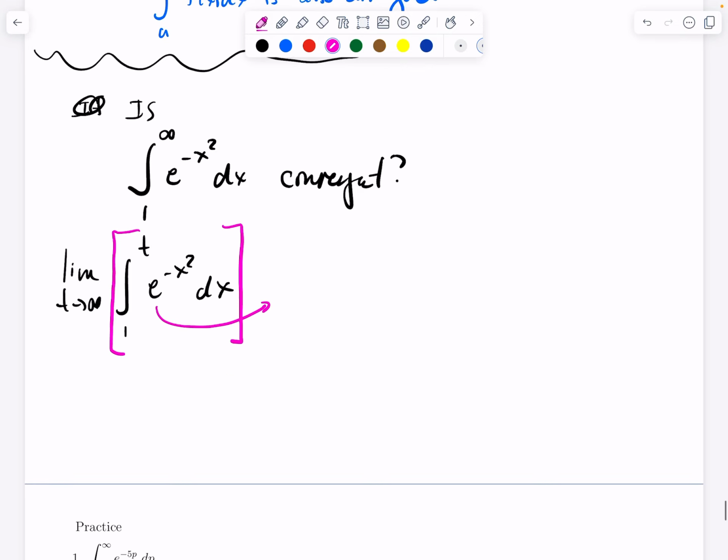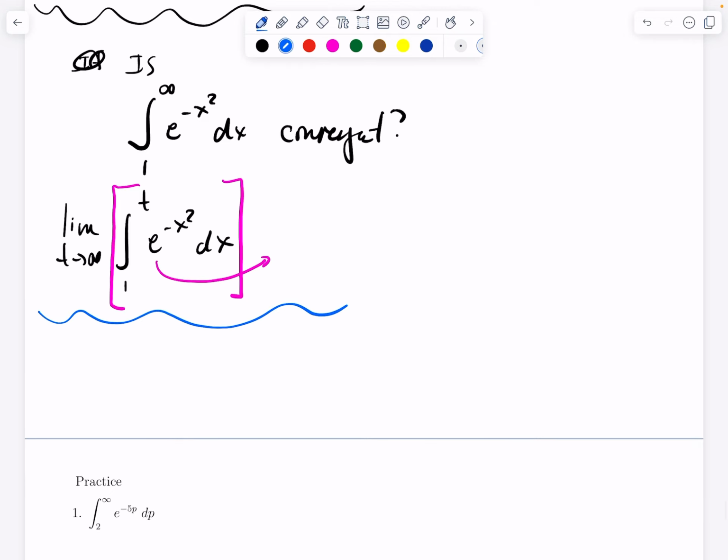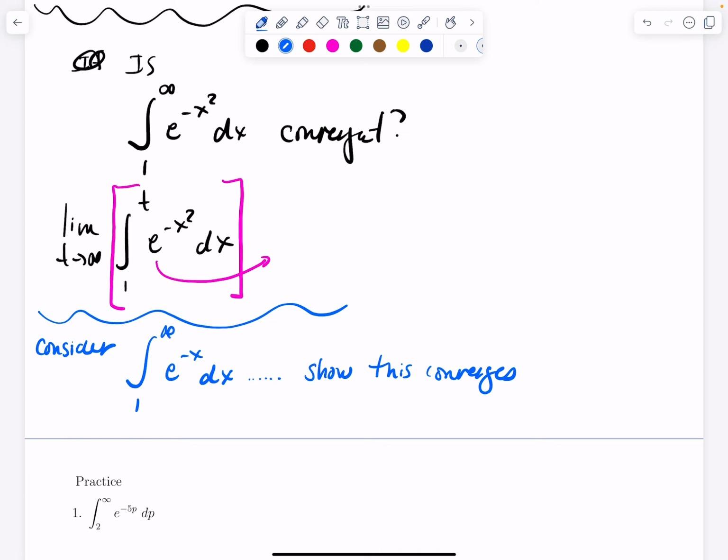So my first claim to you is, consider this integral, I'm going to walk it through, from 1 to infinity of e to the negative x dx. And through your work, you can show this converges. Now, my next claim is that e to the negative x squared is smaller than or equal to e to the negative x.